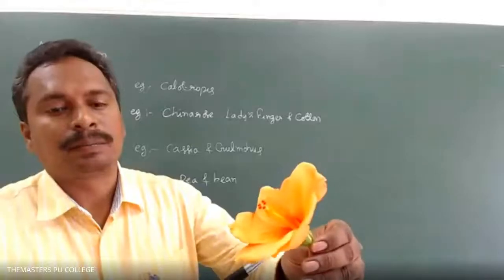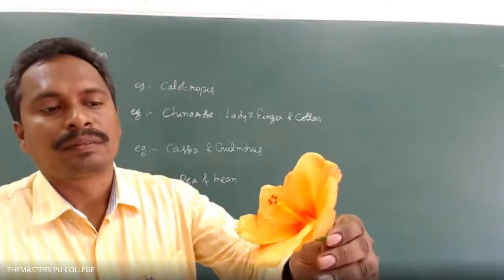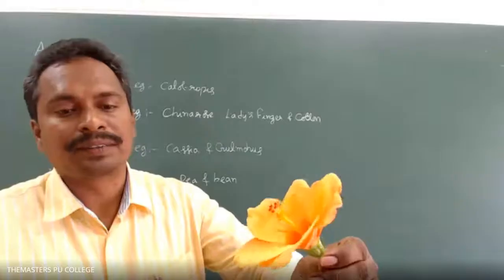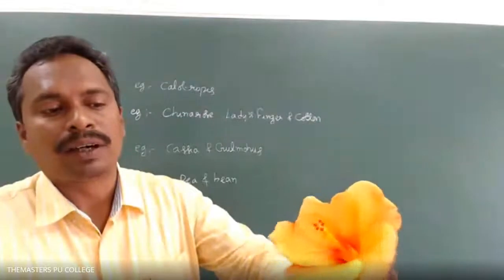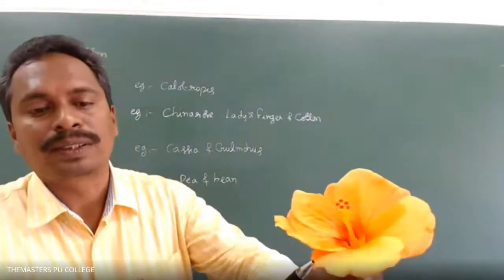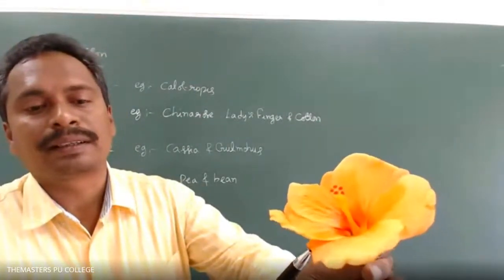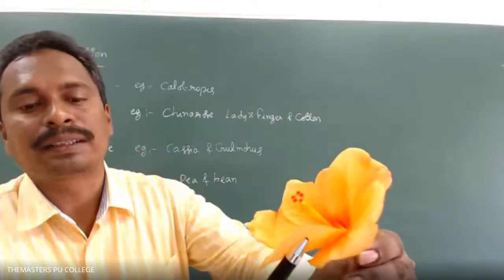So this is the petal, one of the twisted petals. Twisted estivation. Very good. In one petal, one edge is present outside. Is it visible clearly? Yes. And the other edge is present inside.